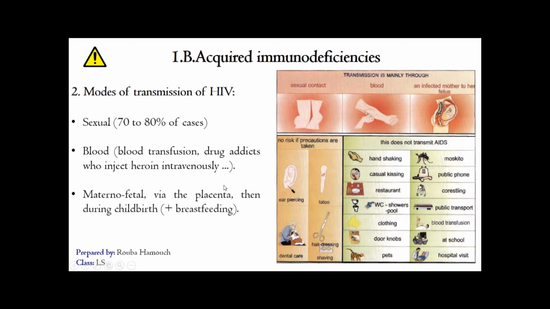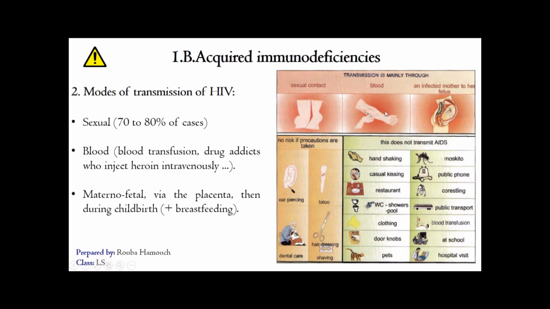And also HIV can be transmitted from the mother to the fetus via the placenta, which is a barrier that separates the maternal blood and the fetal blood. But in some cases, the placenta may transfer some viruses and some drugs from the mother to the fetus. And also HIV can be transmitted during childbirth and breastfeeding. It can pass through the maternal milk.